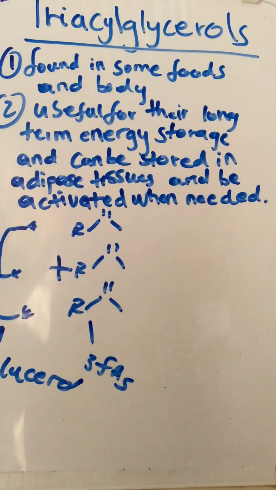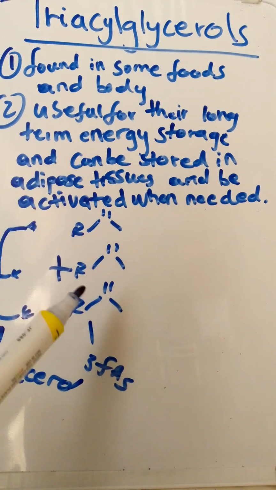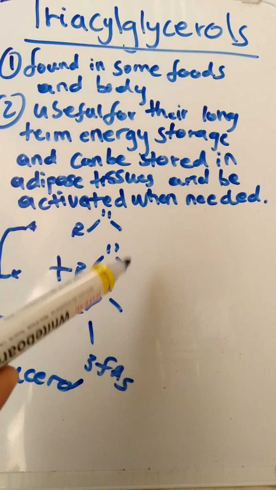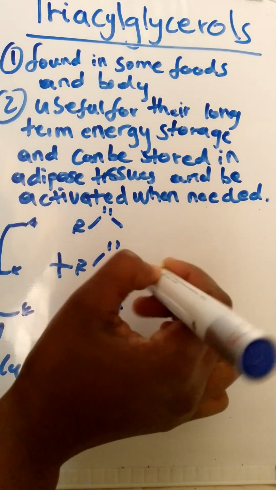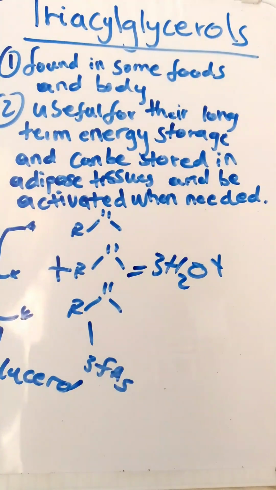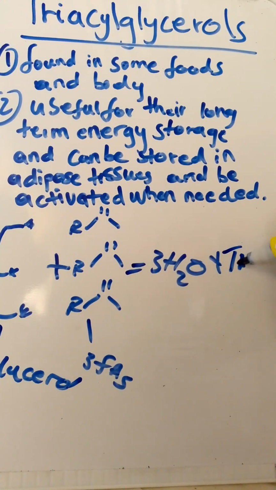So there is esterification of this glycerol and the 3 fatty acids. These can be saturated, monounsaturated, or polyunsaturated, or they can be all saturated, all of these 3. So it depends, right? So this leads to the formation of 3 water plus the triacylglycerol, the TAGs.